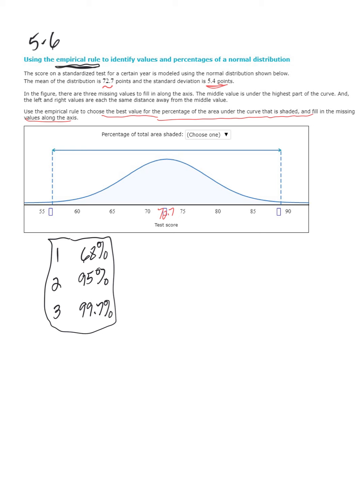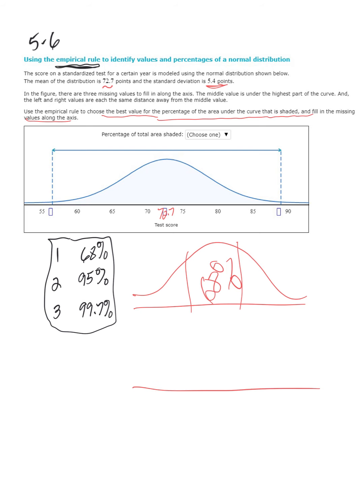Okay, so here's how this is going to work. You see this part that's shaded in this graph. You're going to see some that may only be shaded about this much, which would be one standard deviation. And then you may see some that are shaded a little bit more than that, which would have 95%.